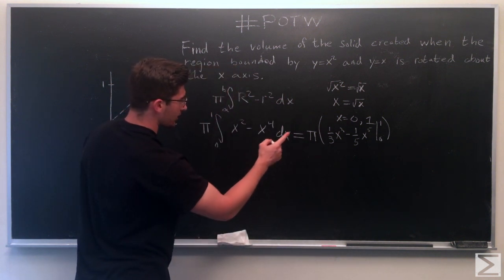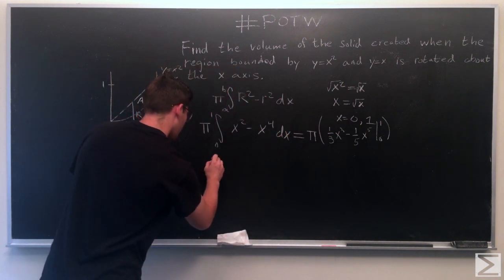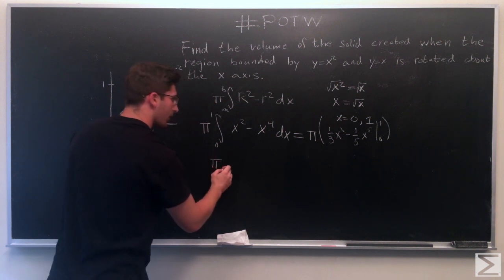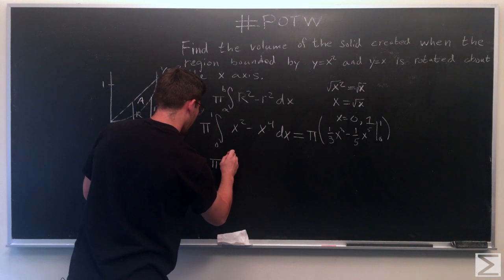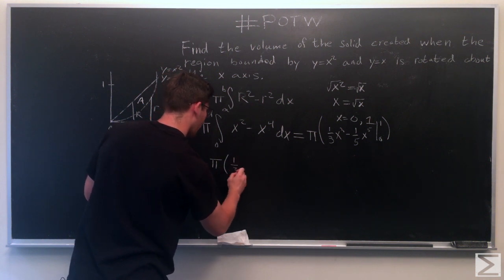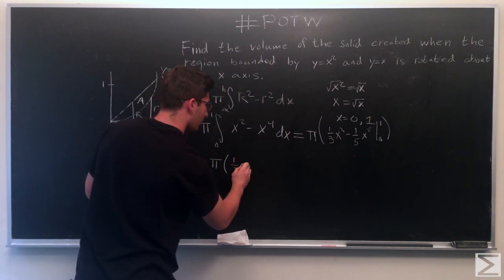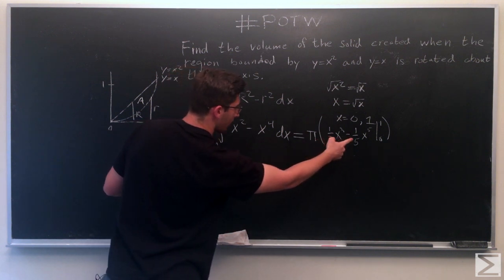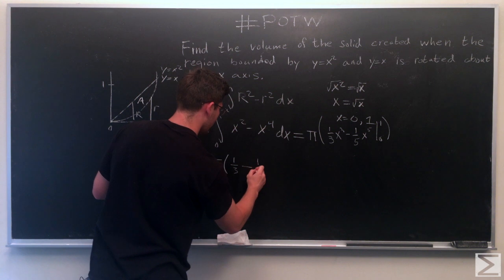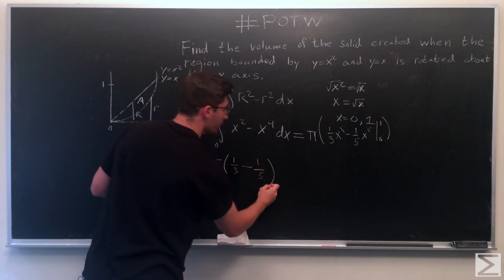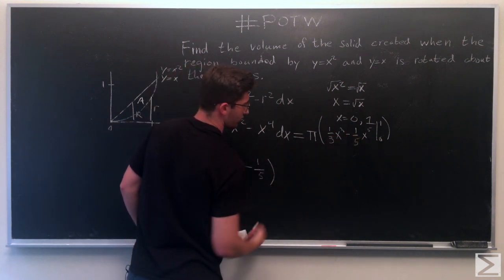So if we plug this in, you're going to get pi, and then 1 cubed times 1/3 is 1/3, minus 1 to the 5th is 1 again, so minus 1/5. And then when you plug 0 in, this whole thing is going to be 0.